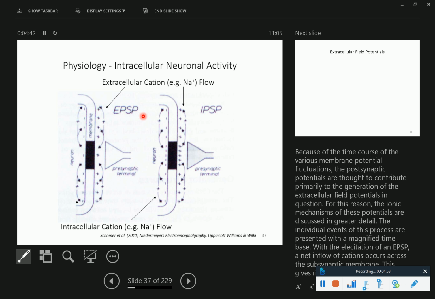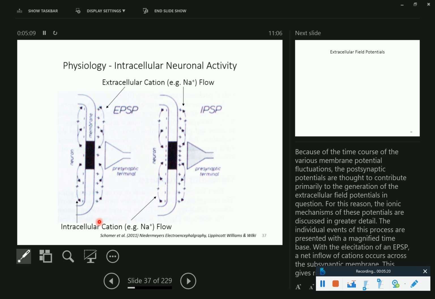So this shows an example of an excitatory potential, where of course what's happening is that because you have positive ions flowing in, you have extracellular movement of positive charge towards the side of the synapse.